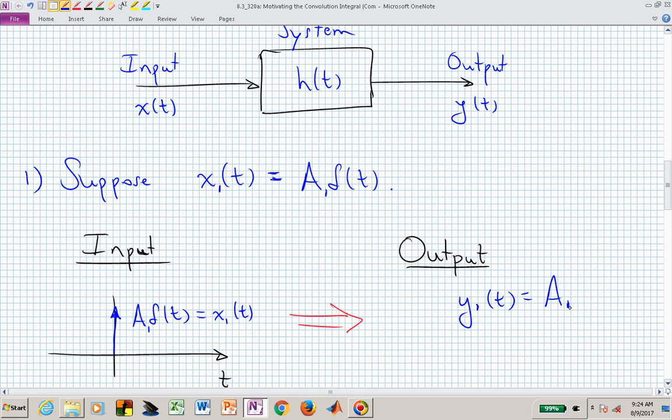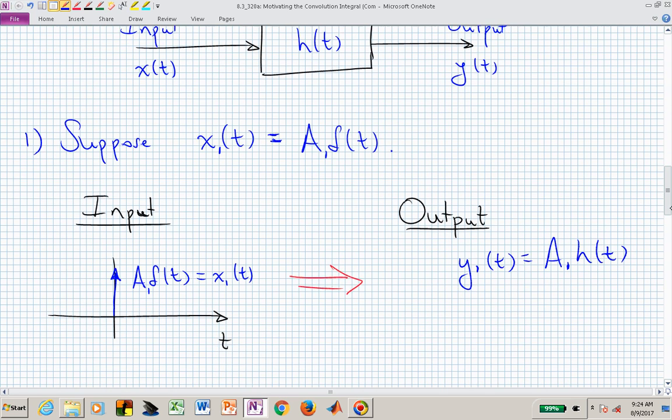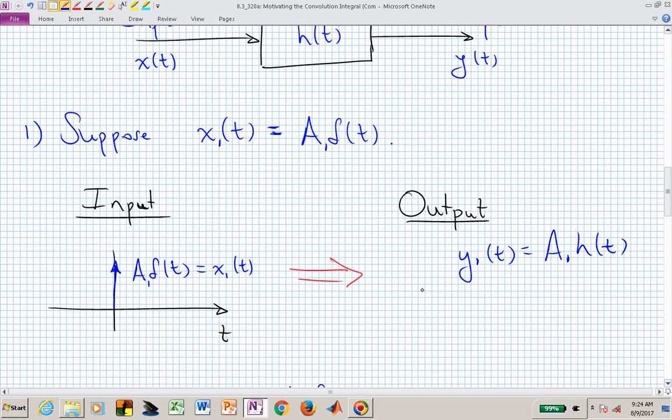If we had a scaled impulse, it's now a scaled impulse response at the output. Whatever the impulse's weighting is at time t equals 0, this is now y sub 1 of t.